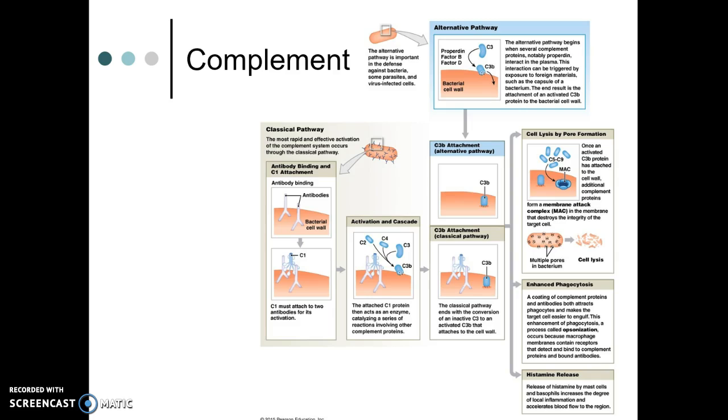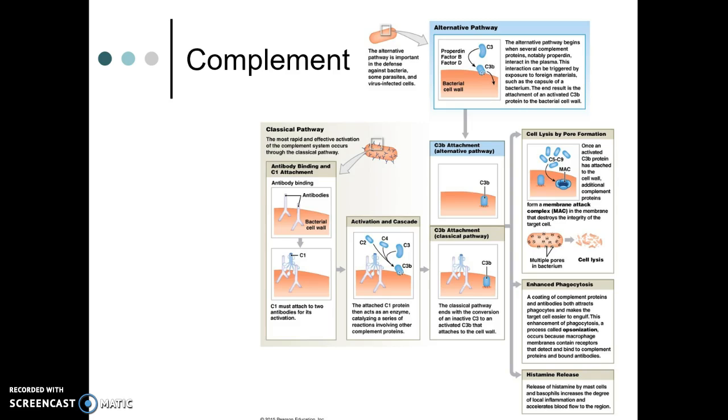The alternative pathway is slower, and this bacteria has not yet been recognized by any specific immune responses. So it doesn't have any antibodies attached to it. We don't have anything dealing with it yet. And so what happens is when there is a bacteria in, let's say, your plasma, there are complement proteins that are just found in your plasma, and when they are near a bacteria wall or capsule, it causes this complement pathway to begin.